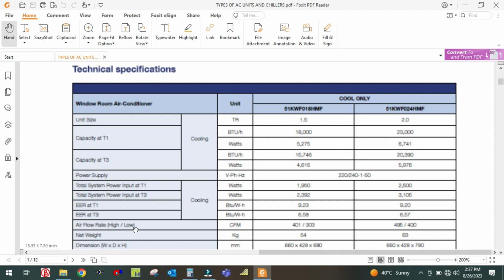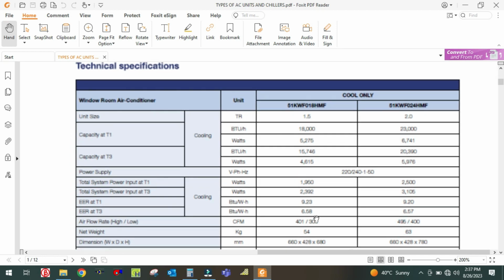The airflow at high and low level is given here in CFM, 401 and 303, and for the 2 ton it is 495 and 400. The net weight, that means the weight of this AC, is 54 kg only, and for this one 63 kg.